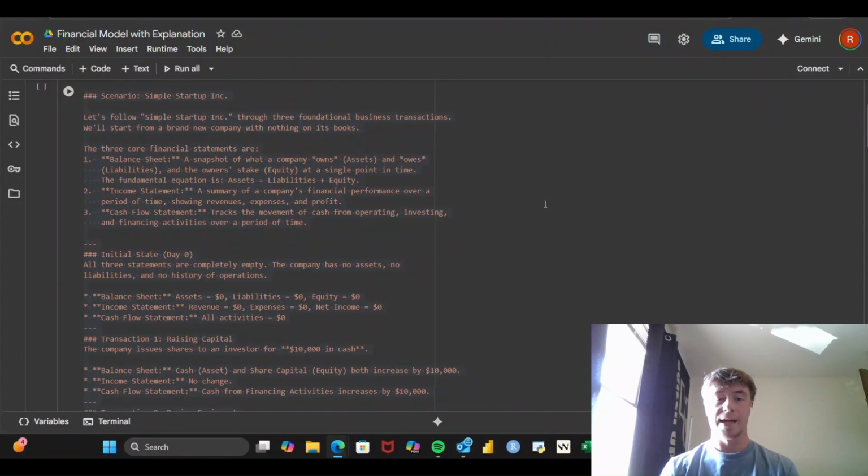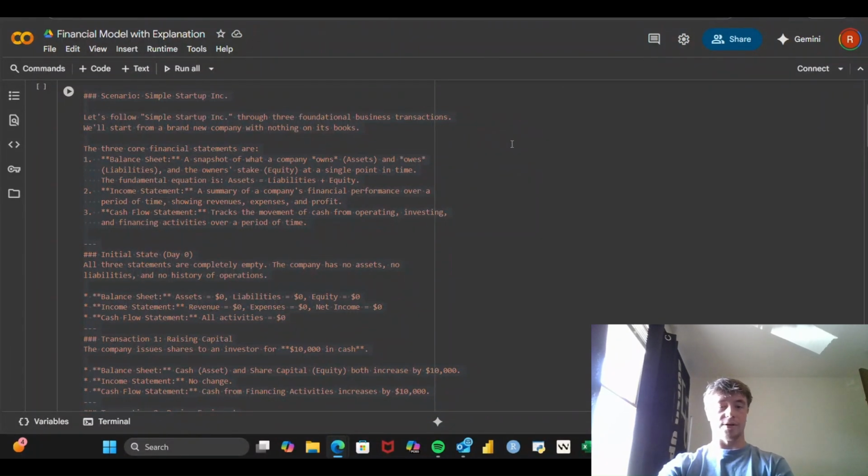It's called a balance sheet because all these need to balance out. Additionally, we have the income statement, and this shows if a company is profitable. And lastly, the cash flow statement, which is how cash moves throughout the company, either inflows or outflows.